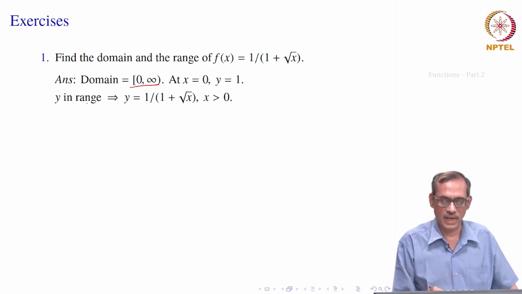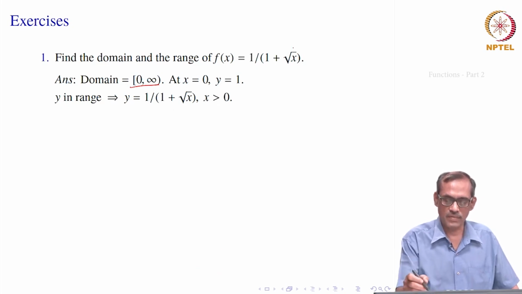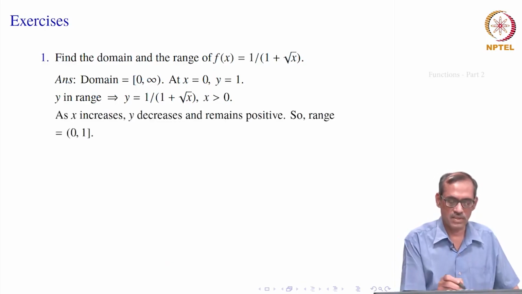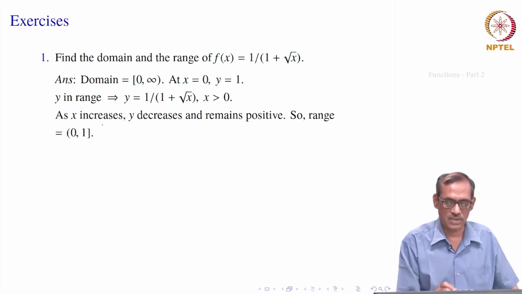And y is in the range means y must be equal to 1 divided by 1 plus root x, and we know that x is greater than 0, or if x equals 0, y equals 1. That case we have taken out first. So, let us take the second case when x is bigger than 0. Now, in this case we have to observe something: as x increases, y decreases because it is 1 by something, but it remains positive.